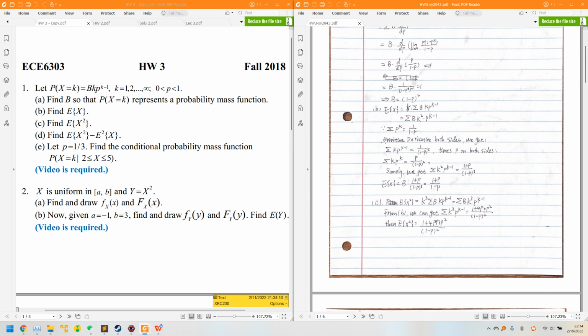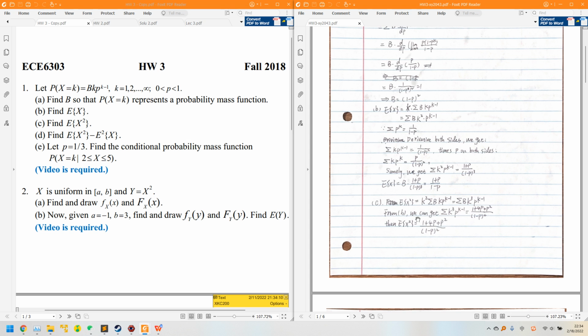And for question C, it asks us to find the expectation of x squared. We put x squared into the equation, and we can get this sum of b times k cubed times p to the power of k minus 1, and this equation is very similar to the previous problem.